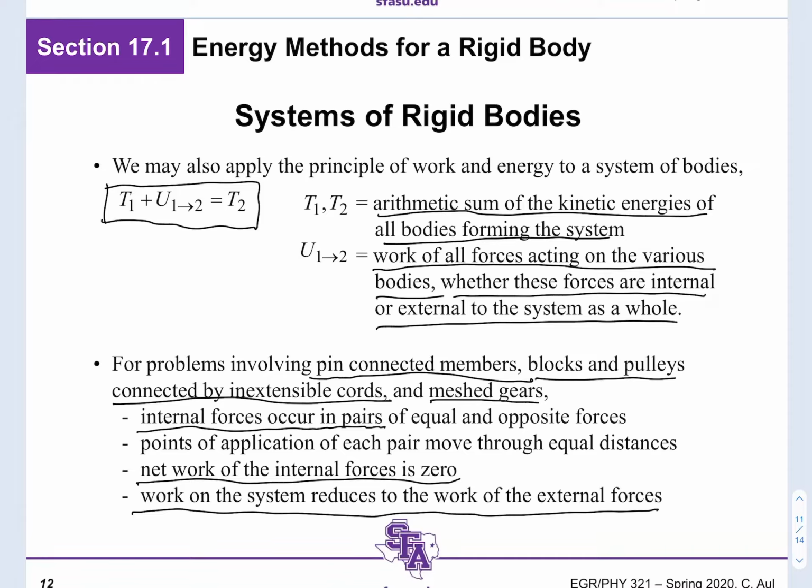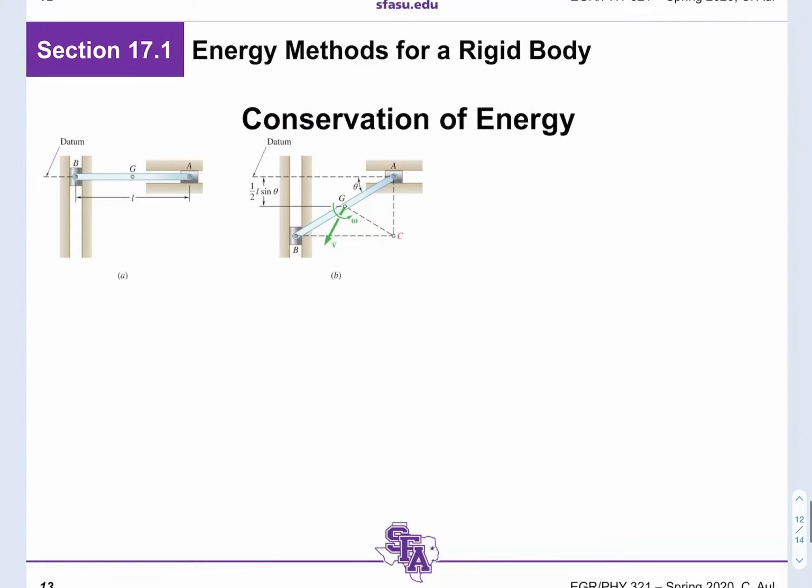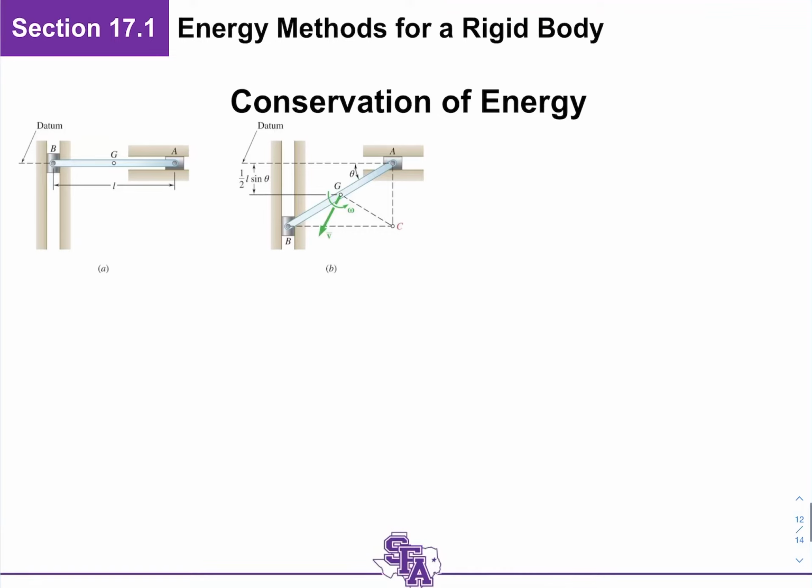So the work on the total system reduces to the work of the external forces, and the net work of the internal forces is equal to 0. This can help us analyze problems in which those forces act against each other, and it can be applied to systems of rigid bodies. This is an important statement for what we're working with here.